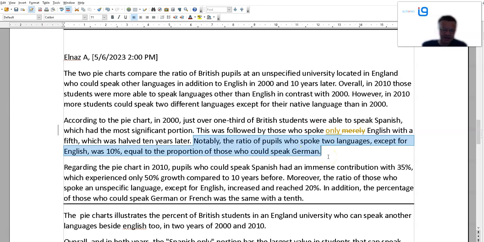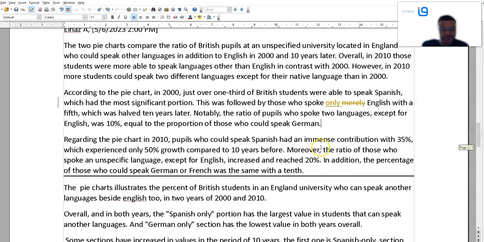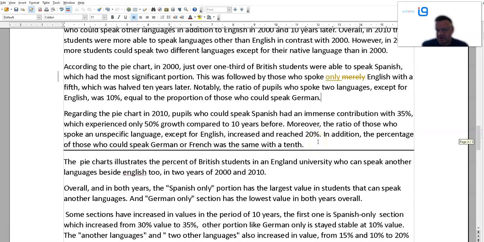Why is it notable that 2 was 10%, equal to those who could speak German? There's nothing to compare there. Just because these two groups both were at 10%, that's enough for a comparison? Okay.